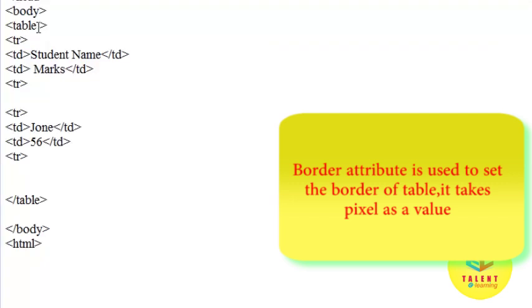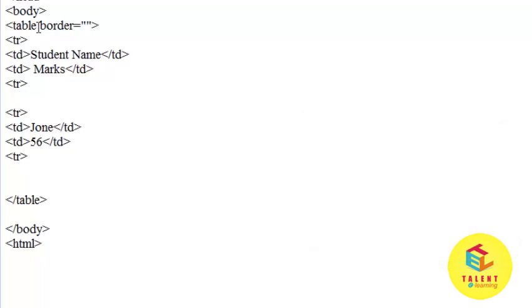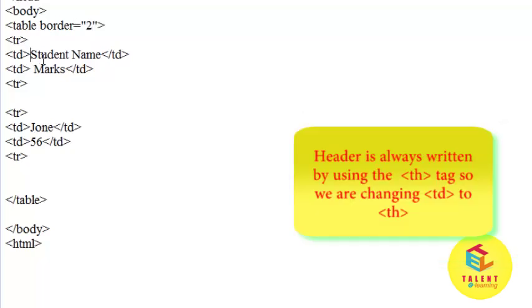The first property of the table tag is border. If you want to give a border to the table, you can give it by the border attribute. I want to give a border of 2 pixels. These are the headers of our table, so I am replacing TD with TH, saving it and reloading.